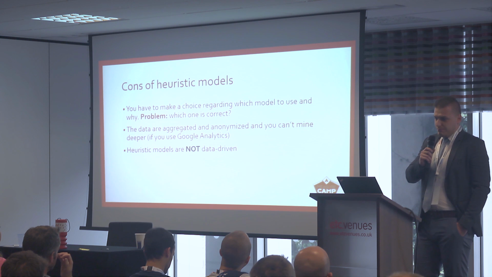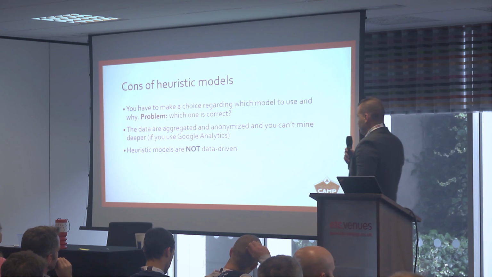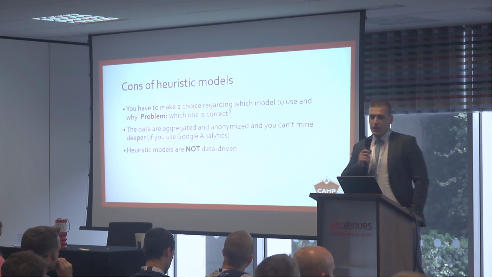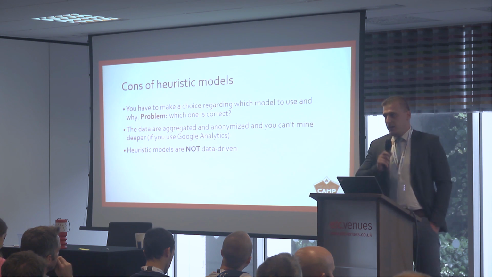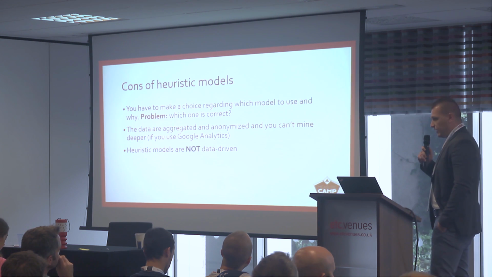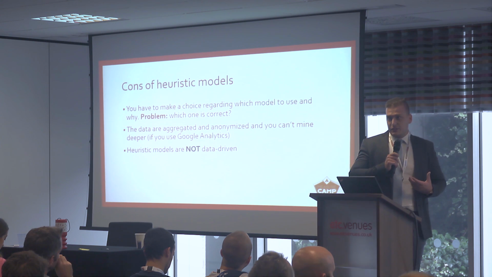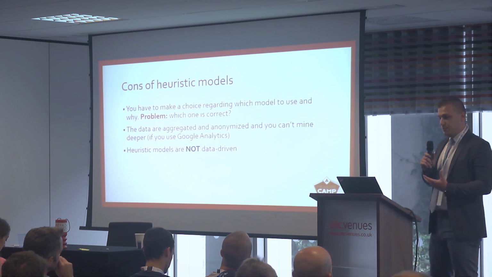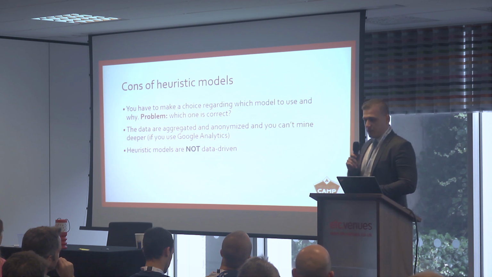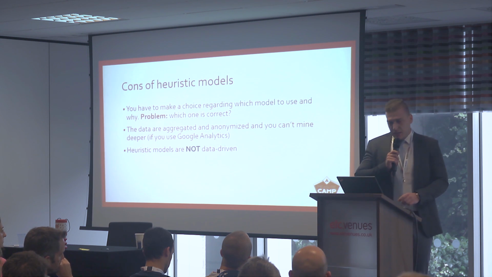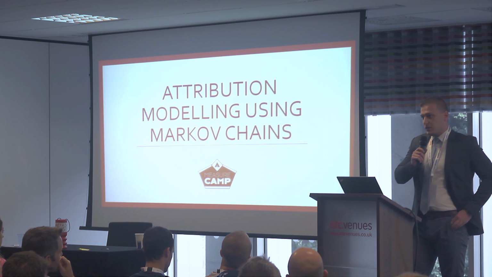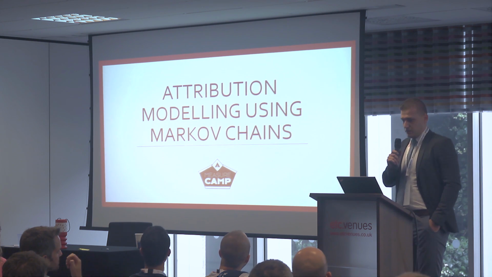And many times it involves a serious managerial decision to pick the right one. Another thing is that the data in Google Analytics are often aggregated, and you cannot mine them deeper. And of course, heuristic models are not data-driven. And that's why I'm going to talk a little bit about Markov chains.